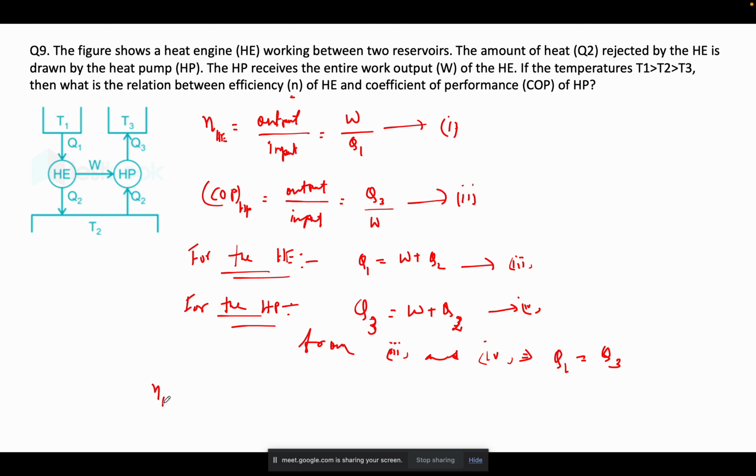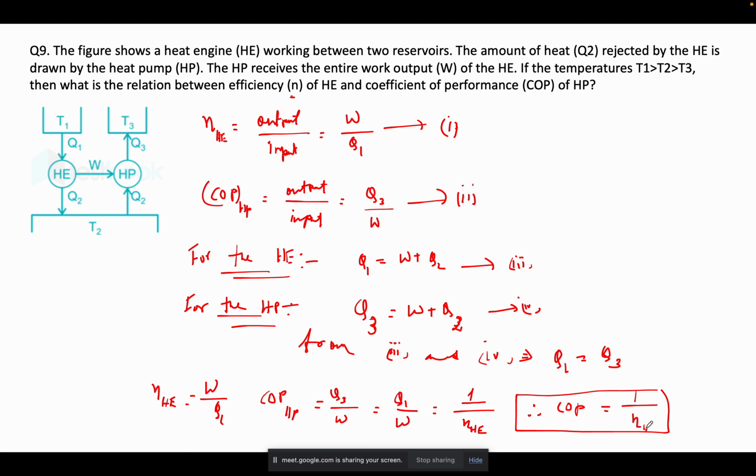So eta heat engine is W by Q1, and COP of heat pump I got as Q3 divided by W, which I also can write as Q1 by W, since Q3 is equal to Q1. So see, this is basically the inverse of the heat engine. Therefore the relation is nothing but COP of the heat pump is basically the inverse of the efficiency of the heat engine, if you follow this configuration.